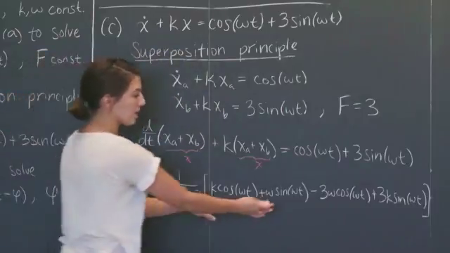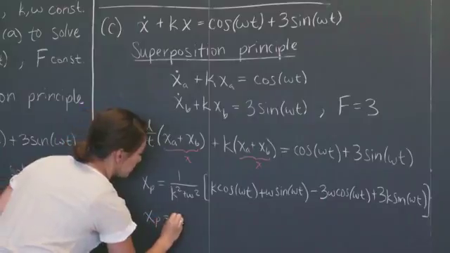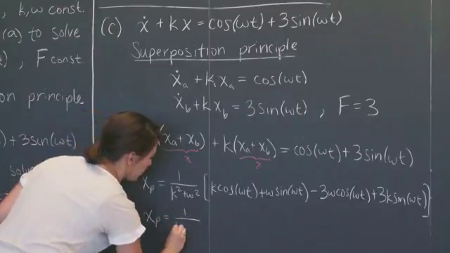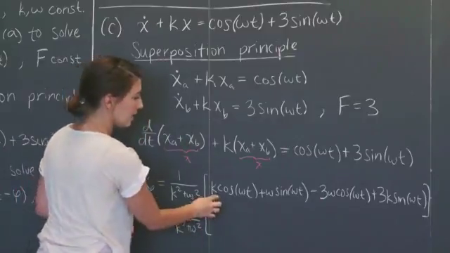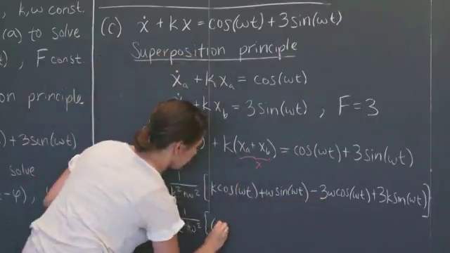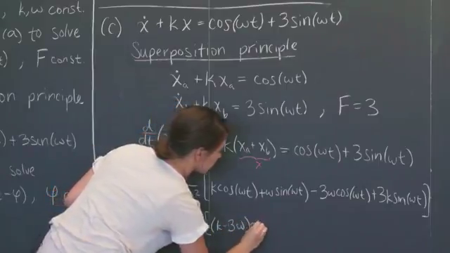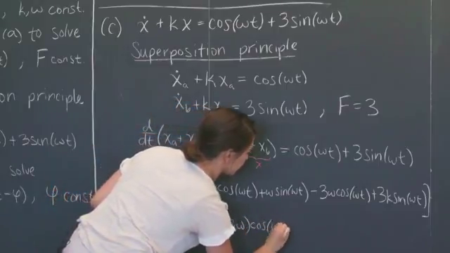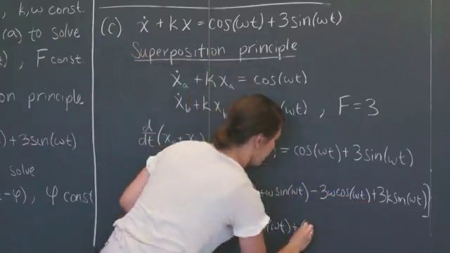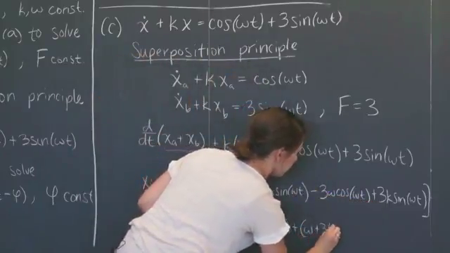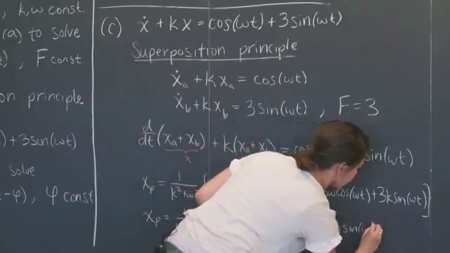And we can combine like terms in this expression to get that x sub p is equal to 1 over k squared plus omega squared times k minus 3 omega times cosine of omega t plus omega plus 3k sine of omega t.